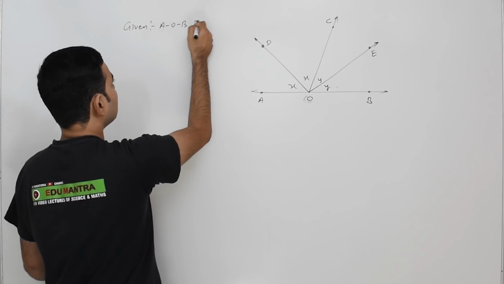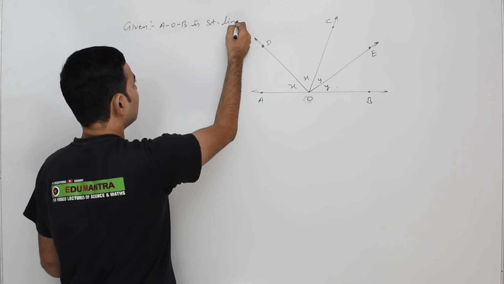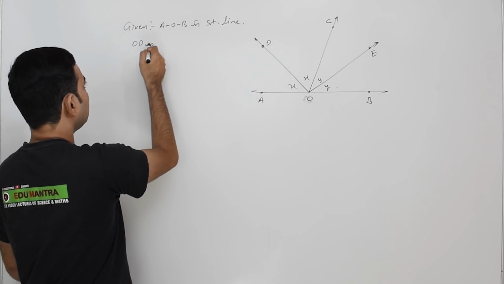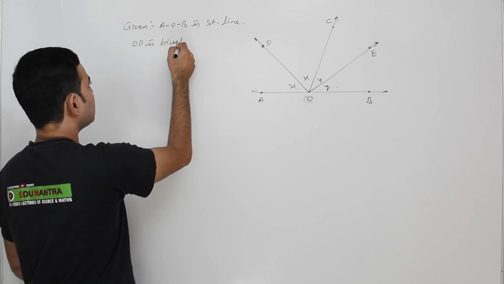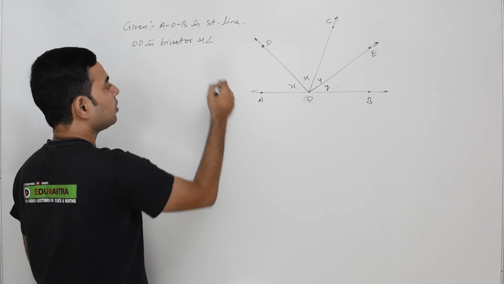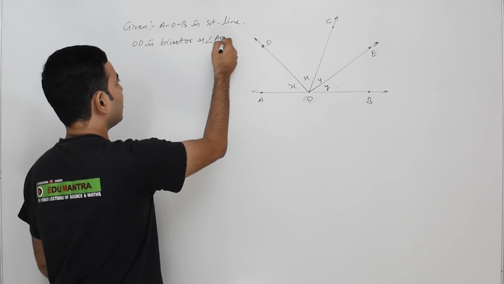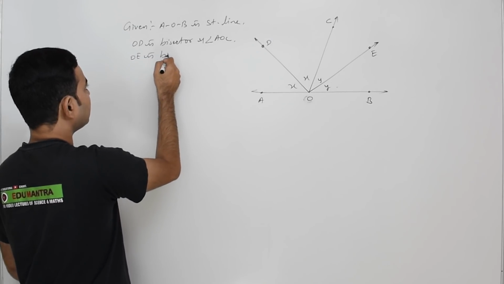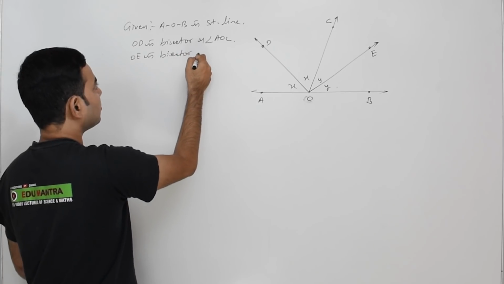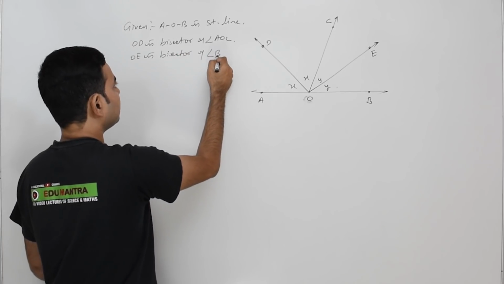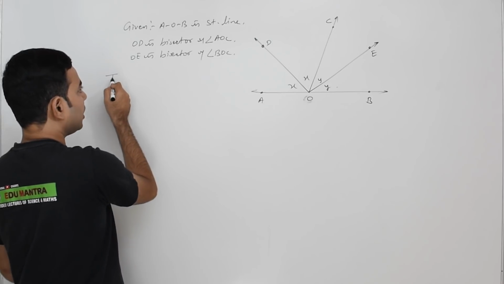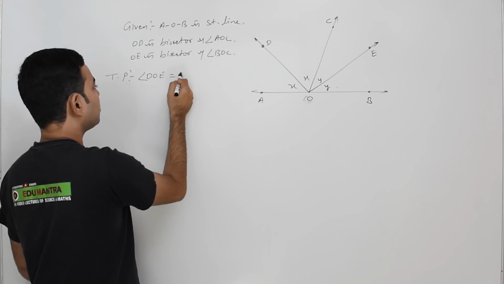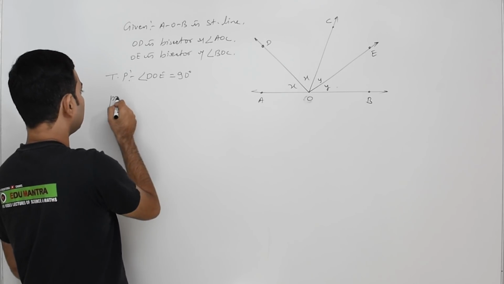OD is the bisector of angle AOC, and OE is the bisector of angle BOC. Then you have to prove that angle DOE is equal to 90 degrees.